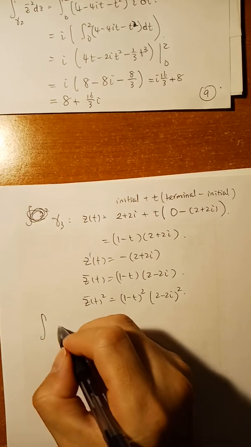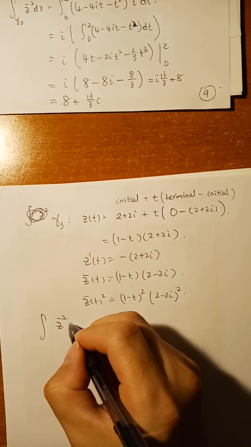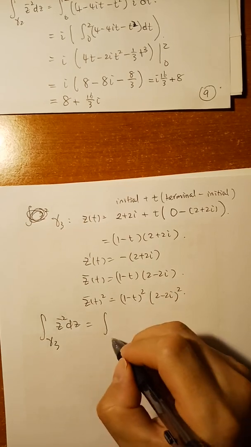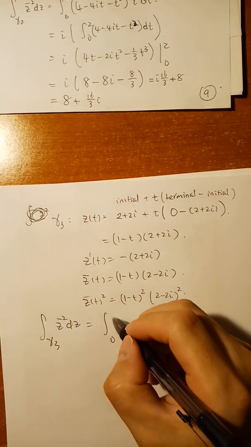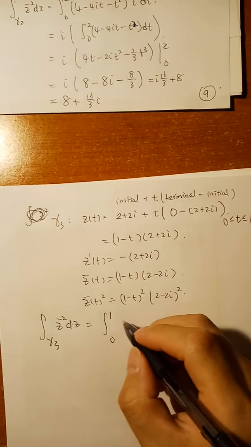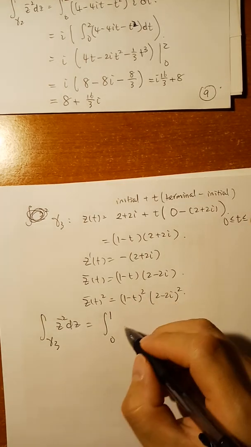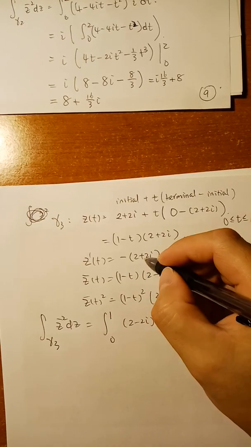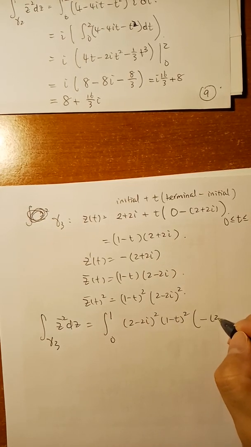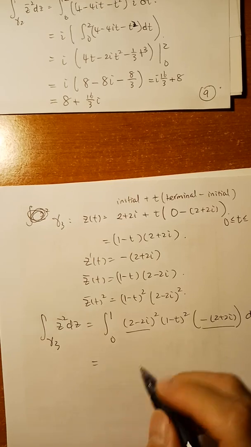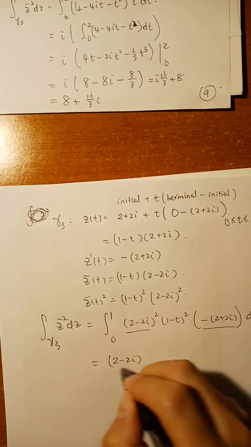And we integrate z bar squared dz along gamma 3, which is going to be the integral from 0 to 1, t is from 0 to 1, of this function, 2 minus 2i squared, 1 minus t squared, and times negative 2 plus 2i, and dt. This is a constant number. You move them forward.